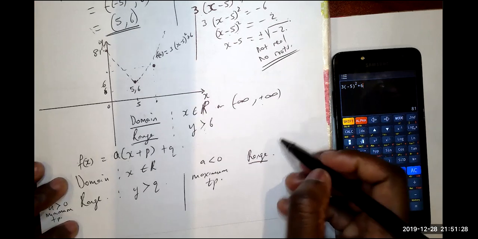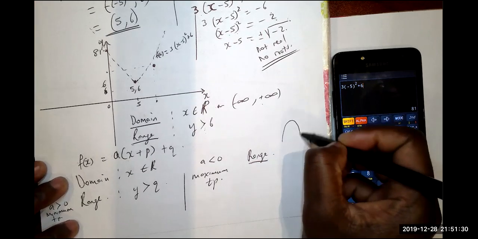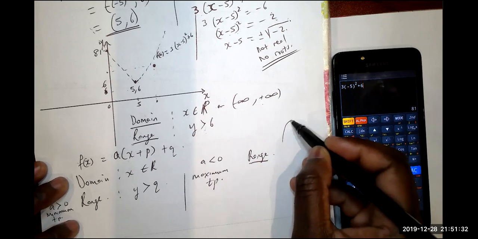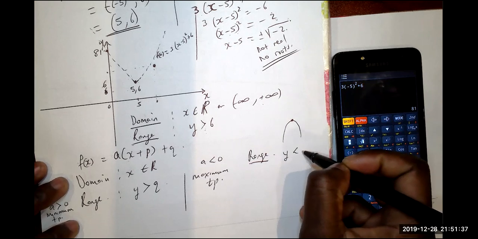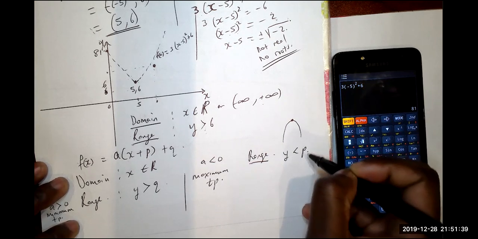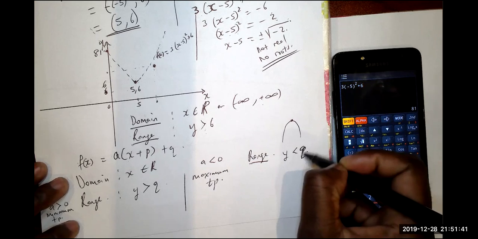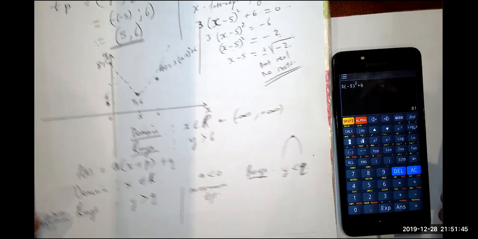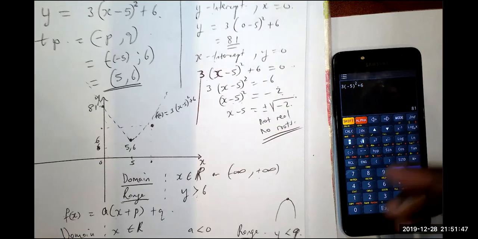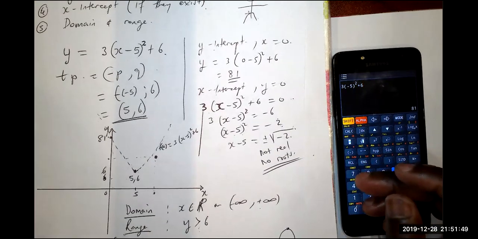In this case, your graph will be like that, so our range there is just y less than q. That's what you need to remember there. That's it for the sketch and the turning point.